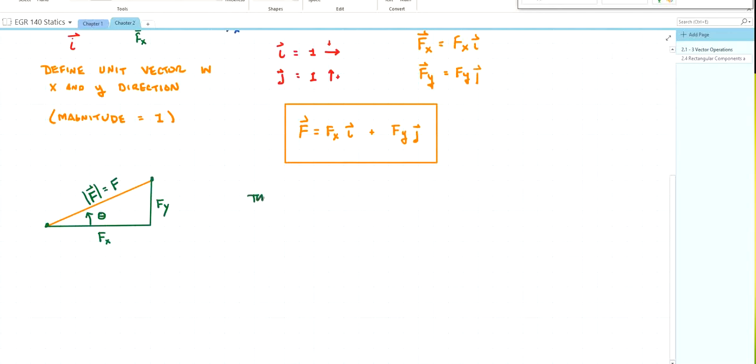Then Fx really is adjacent over hypotenuse, so Fx over F equals cosine of theta, or with some algebra, Fx equals F cosine of theta, and Fy equals, opposite over hypotenuse, F sine of theta.